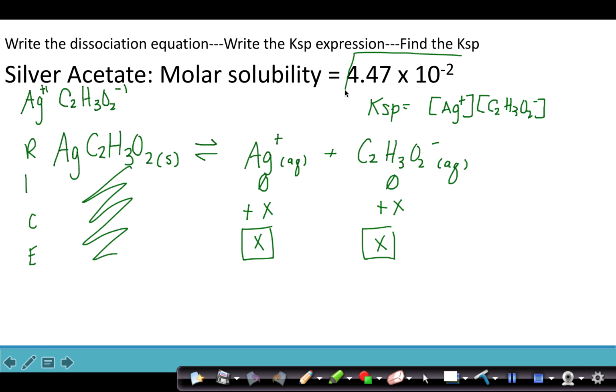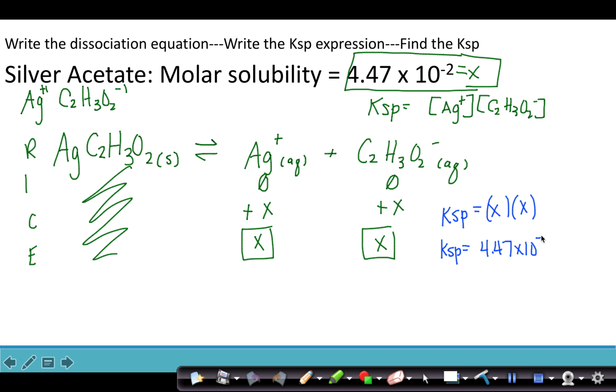Now, we said that the molar solubility equals x. So in order to find the Ksp for this particular substance at this particular temperature, all we have to do is plug these two x's in. Now we know that each x equals 4.47 times 10 to the minus 2.